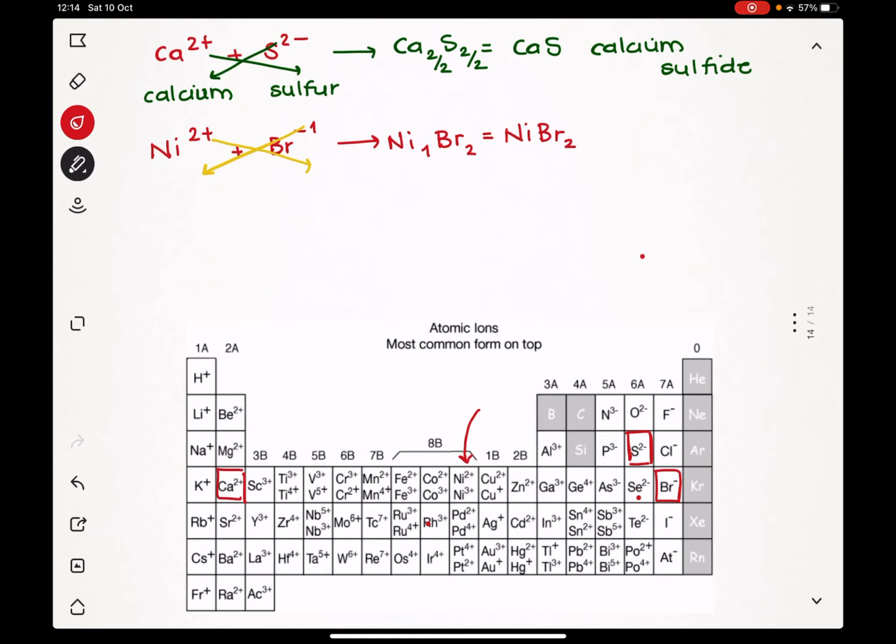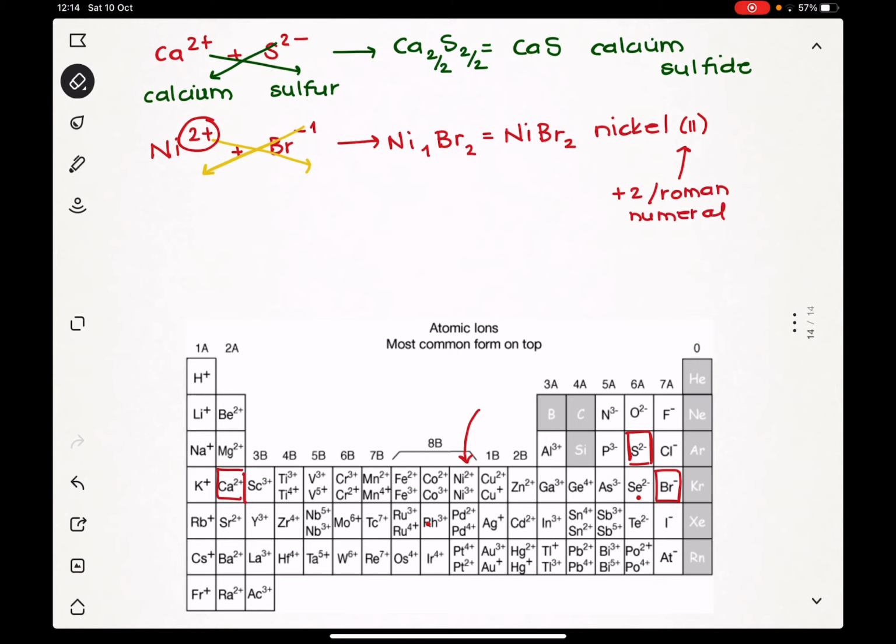Okay, so now for the name. This is nickel, but nickel works with 2 charges. So we have to specify which one I chose. So in this case, the charge that I chose goes in Roman numerals. So this is the +2 charge in Roman numeral, because if I choose the other nickel, it's going to be a completely different formula.